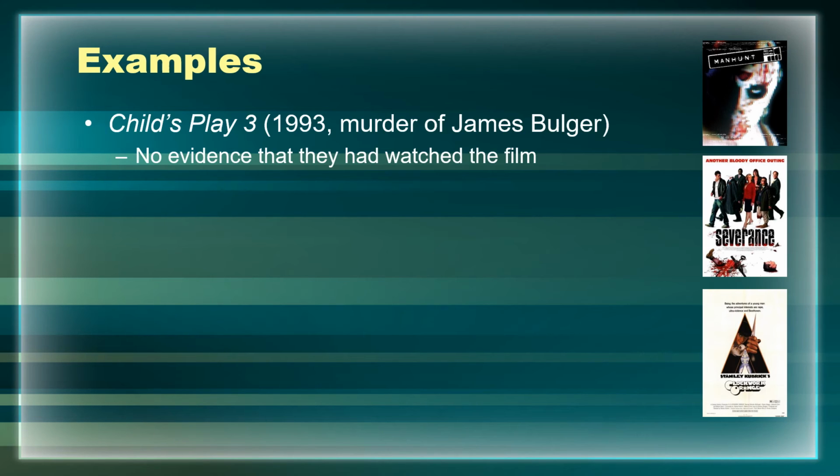And at their trial, it was suggested that one of the reasons they'd done this is that they watched a film called Child's Play 3, which is a horror movie, because it had been rented out by one of their fathers, and there was a strong suggestion that this movie about a killer doll had caused them to go and kill James Bulger. However, there wasn't any evidence that they'd actually watched the film at all, and certainly the boys had been in trouble before and had done some pretty terrible things before they killed Jamie Bulger.